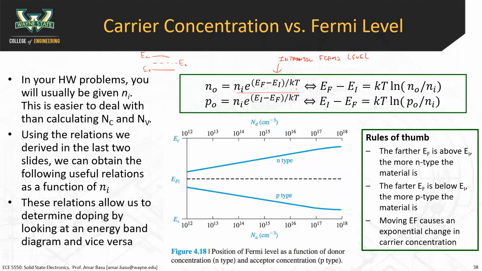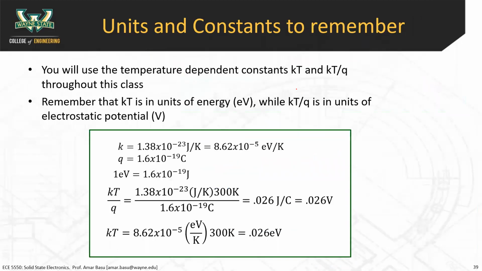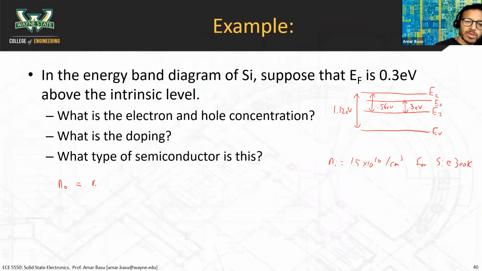Yeah, I guess that makes sense. So n0 is equal to ni exponential of EF minus EI over KT. Just a real quick calculation: 1.5 times 10 to the 10, and the units are per centimeter cubed, remember?